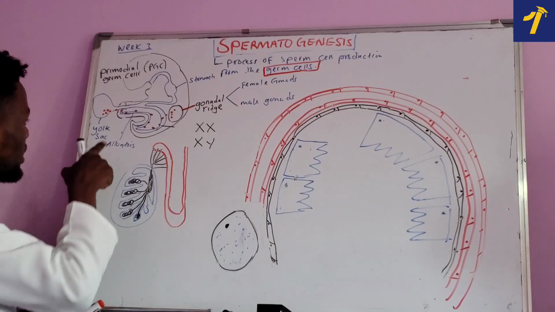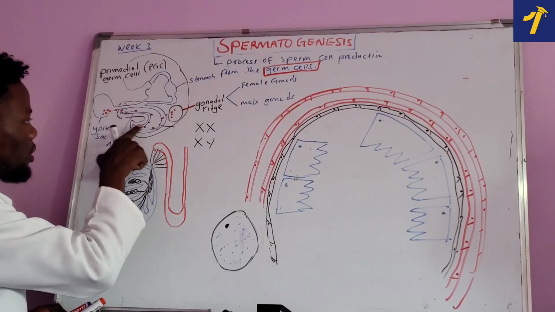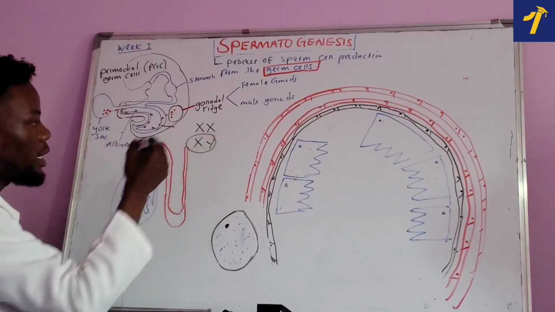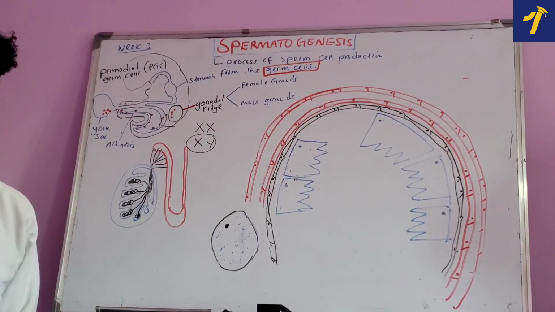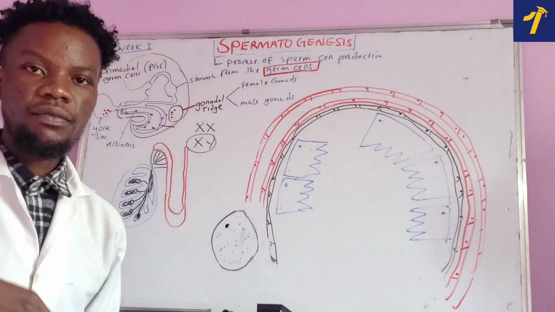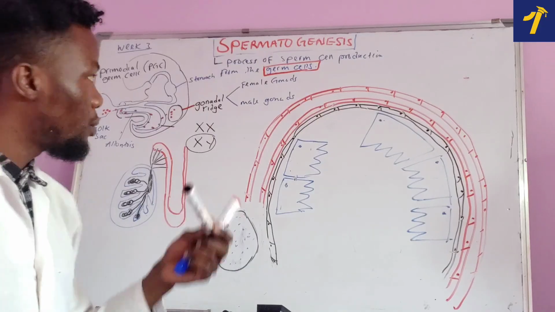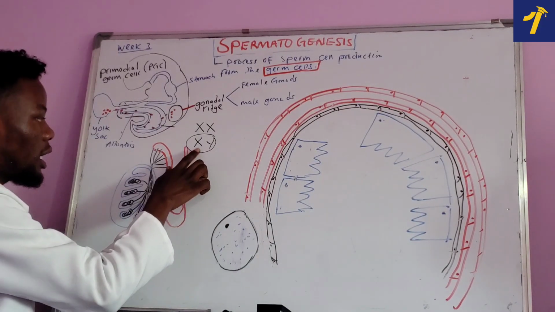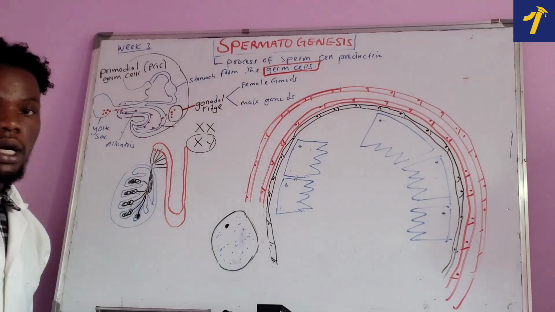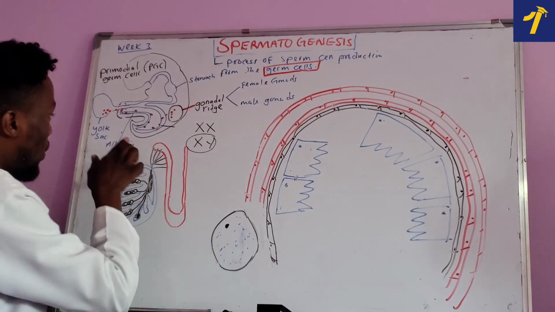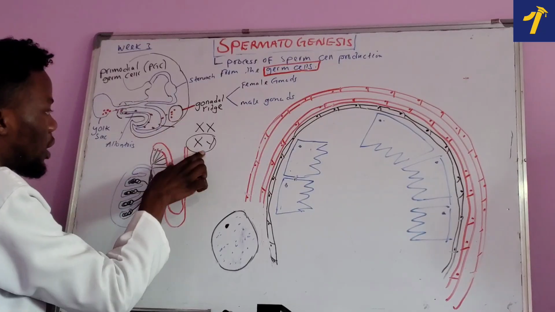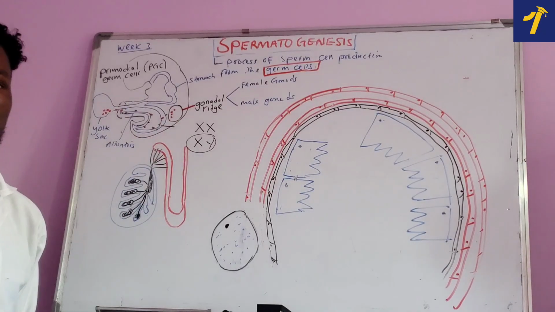Now, the gonads that are coming into the gonadal ridge are carrying this XY chromosome. Why do I say that? Because after fertilization, for us to be talking about spermatogenesis, the embryo is carrying the XY chromosome. So along with these germ cells that are coming here, they also have the XY chromosome.